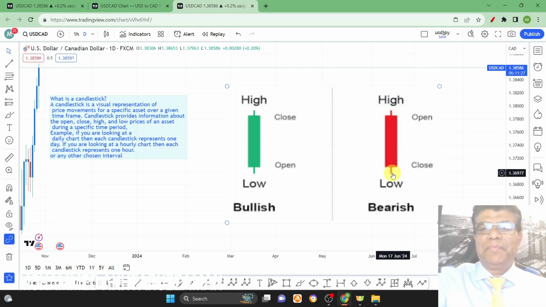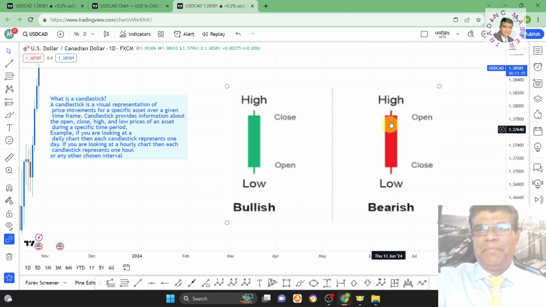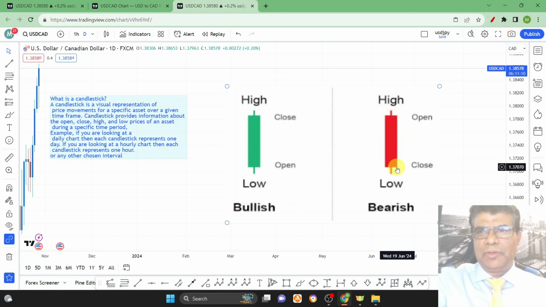And then before it closed, let's say this is a daily candlestick, it went up a little bit right here and closed right here. But initially it opened and went up, and then it started going down. So this whole thing from here to here, close to open, is the body, and the high is this part, the wick, and this part is also a wick, or you could say shadow.